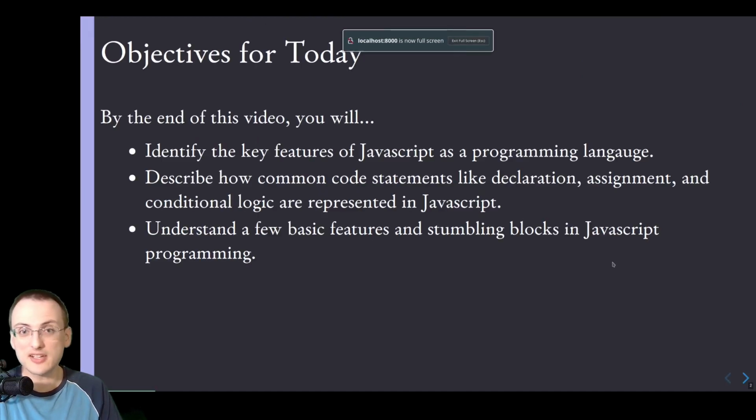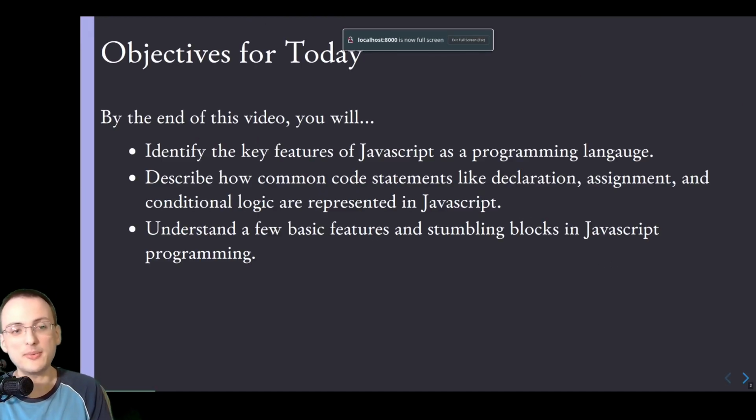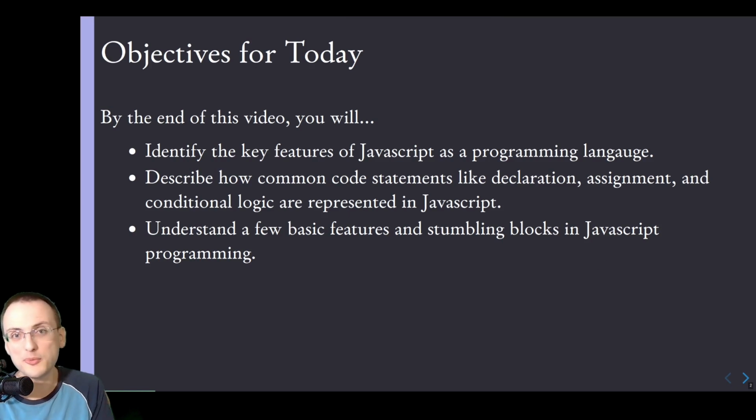So specifically, some of the things that we're going to talk about today are identifying the key features of JavaScript, what makes it different from every other language out there. We'll look really briefly at some common types of statements like declaration and assignment, how we write conditional logic and loops and functions, and just identify one or two stumbling blocks when people are writing JavaScript, things to keep in mind or things that people tend to forget.